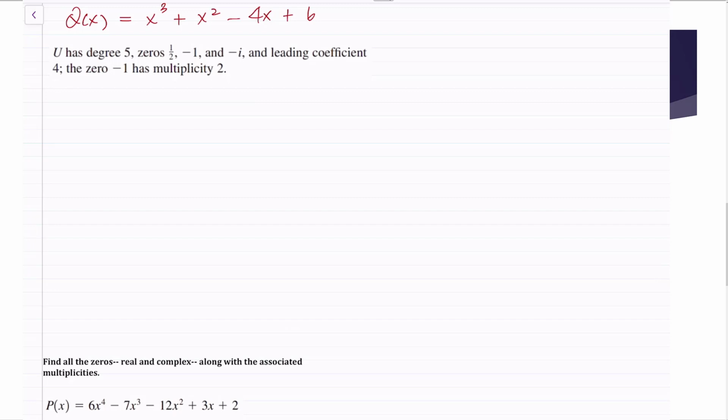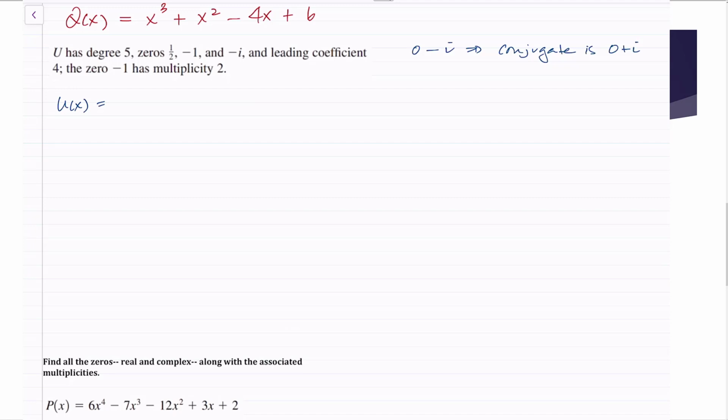People get confused by minus i, but you need to think of it the right way. It's actually 0 minus i. And so the conjugate, it's 0 plus i. And so in other words, this is going to have minus i and i as roots. And so with that, we can pretty much get going here.